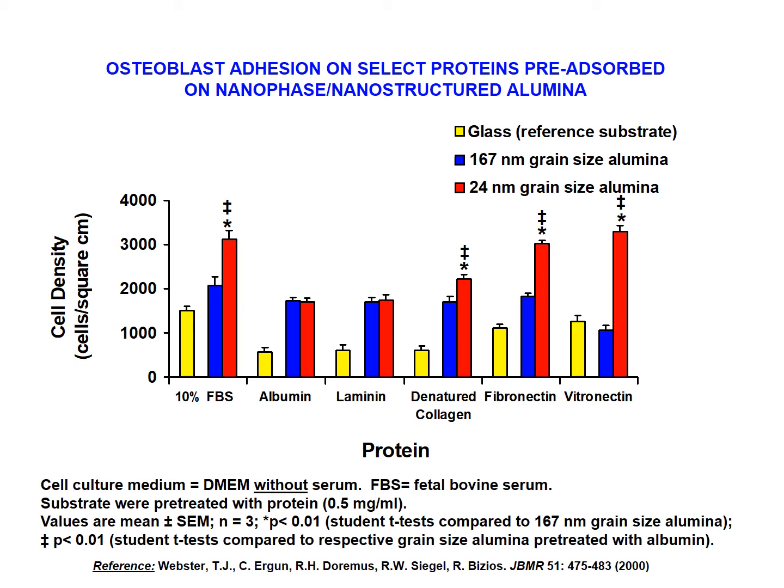The objective of the study was to investigate whether there is any difference of osteoblast adhesion on the nanostructure or the nanophase alumina, and to find out which protein or proteins are responsible for that particular result, which is different on the two substrates.